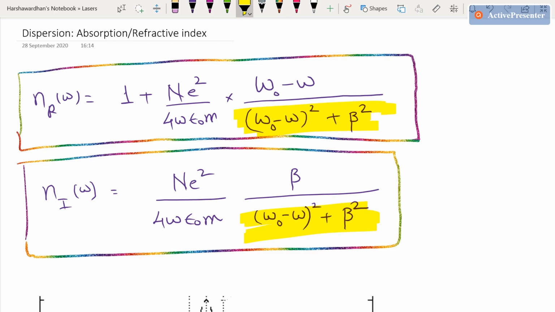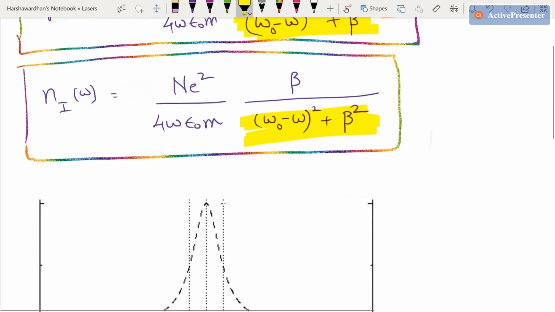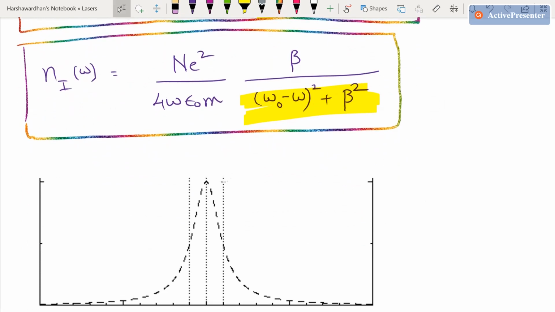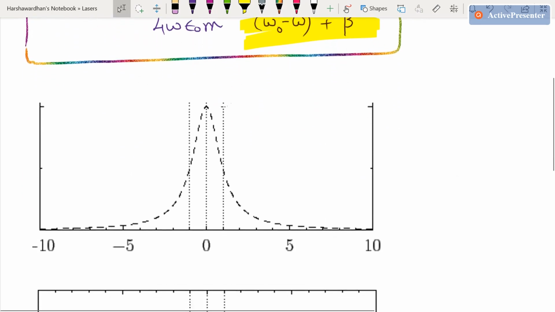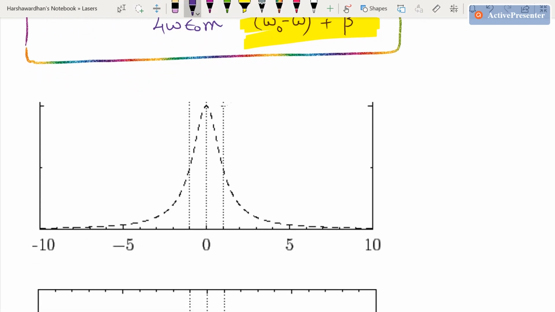So let me first begin with the imaginary part of the refractive index. I have plotted here the frequency dependence, and what I'm plotting on the x-axis is basically omega minus omega naught divided by beta.